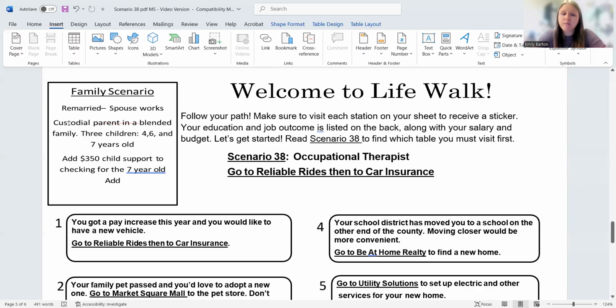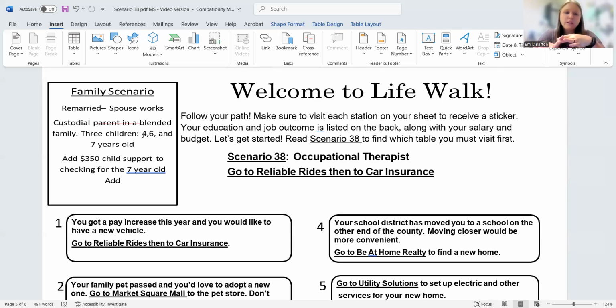It says I am the custodial parent in a blended family, and there are 3 children, ages 4, 6, and 7. Those are all things that you are going to need to know in order to buy a big enough house that has enough bedrooms, a big enough vehicle. I've got 5 people to fit in a vehicle, so making sure it has enough seats.